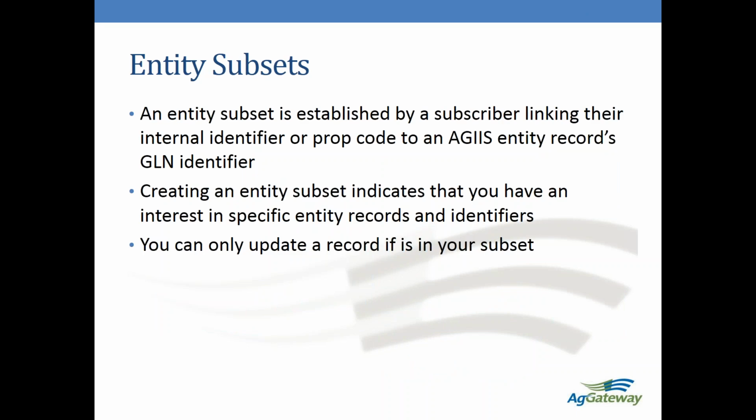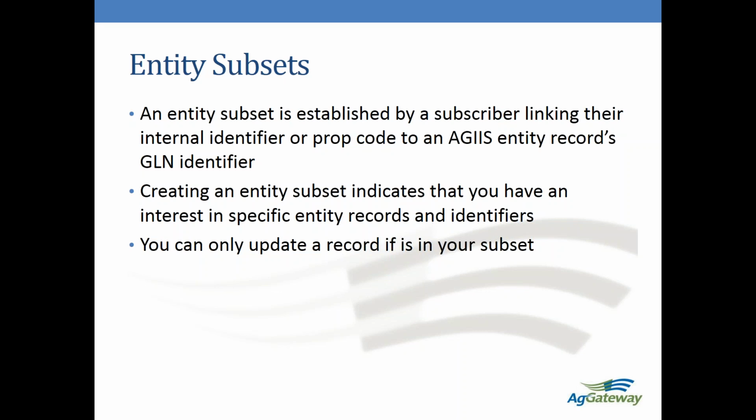So a little more about subsets. An entity subset is established by a subscriber linking their internal identifier, you may call it a prop code, to an AGIIS entity record GLN identifier. There is functionality within the system that allows you to take your internal prop code and apply it to the AGIIS system. This allows us to communicate back to you any information that changes with entities you're interested in.